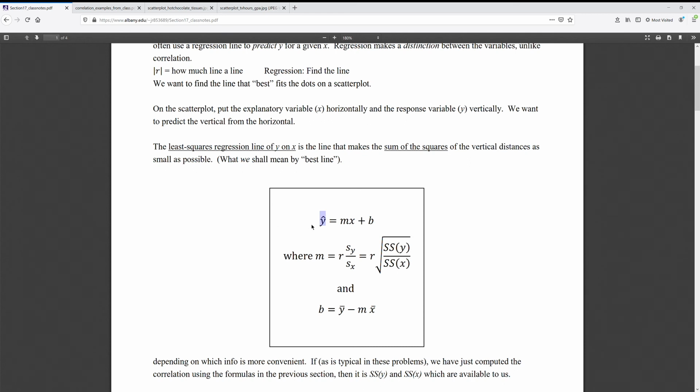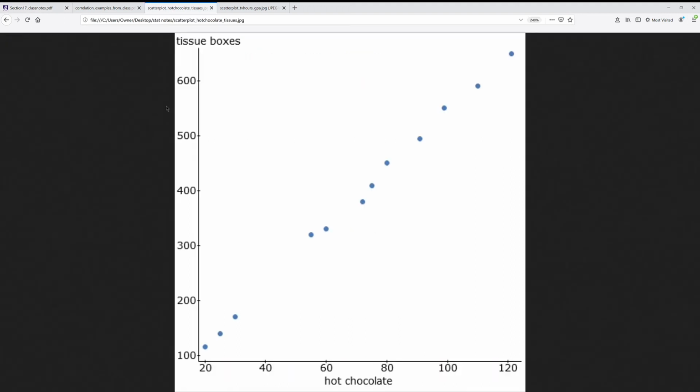Well, from pre-calculus, you should probably know that the equation of a line is y equals mx plus b, where m is the slope of the line and b is the y-intercept. The y-intercept may not necessarily be meaningful because we're not starting horizontally at 0 necessarily here. You could be talking about temperatures and starting at less than 0. So this vertical line is not horizontally at 0. It's at like 19 something.